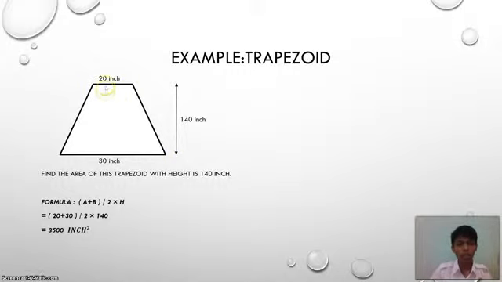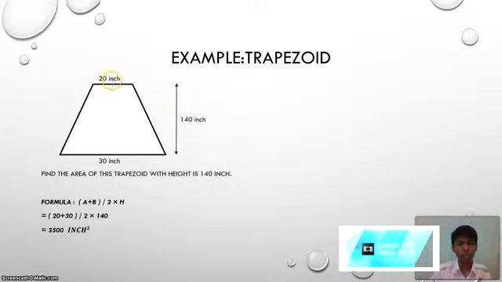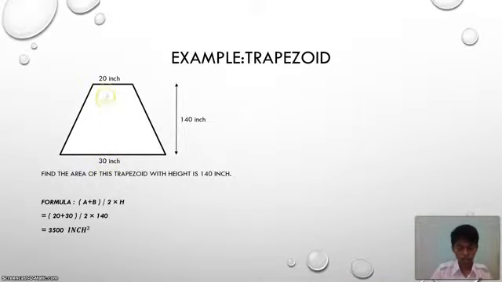We must find the area for this trapezoid. First, we must examine the length and the height of the trapezoid. The longer length of this trapezoid is 30 inch and the less long side is 20 inch.